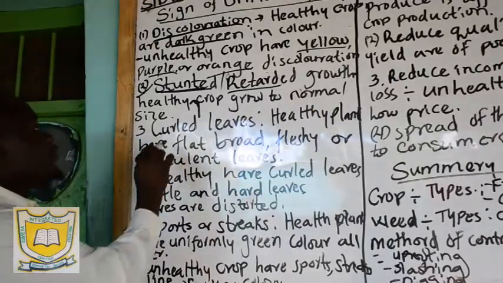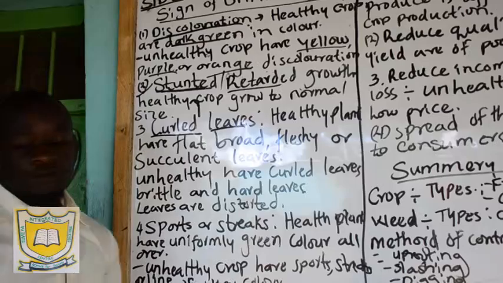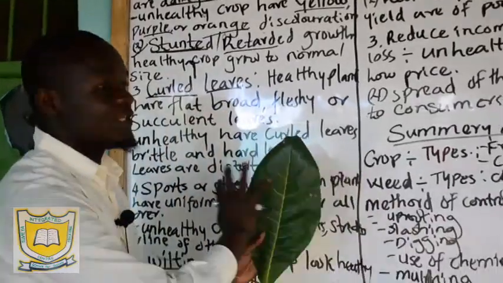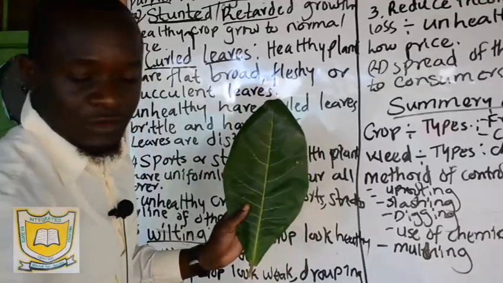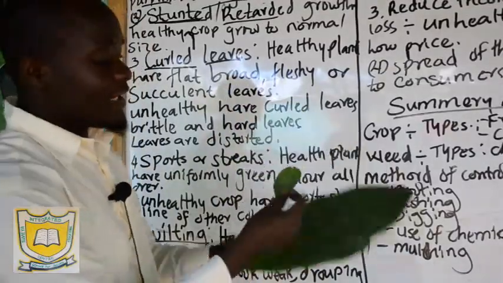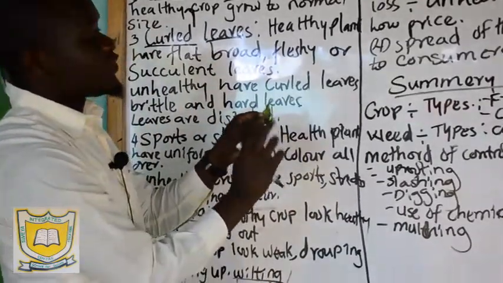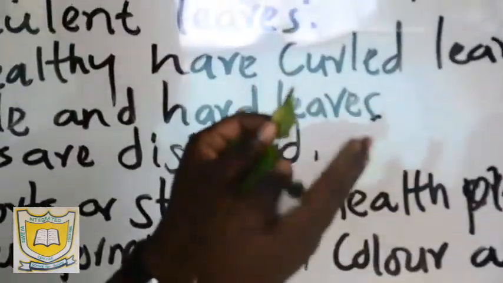Number three, we look at the curled leaves. We expect the leaves of a plant to be very smooth and flat like this, but you may find that they are curled. This one is not flat, it has some bending.